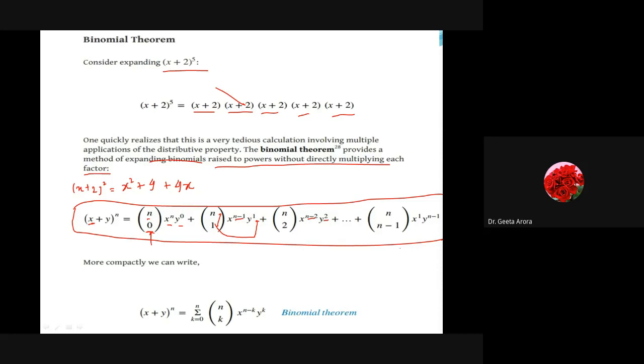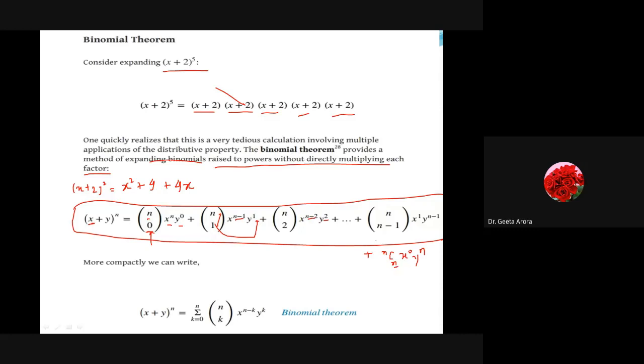I think one term is missing here. We must have one more term, nCn. I think it's there, but when I copied and pasted, this part went missing. So let me write the last term. It is x raised to power 0 and y raised to power n. Means with nCn, the difference gives 0 as the power of x, and y is raised to power n.